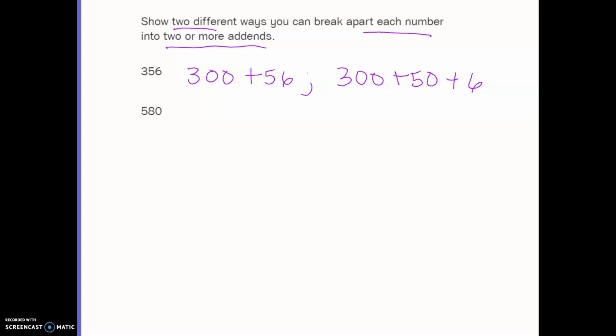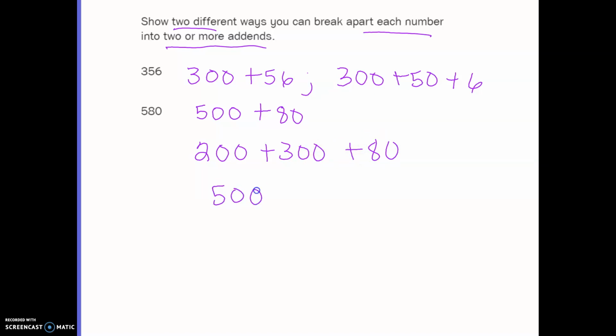How would you do 580? Maybe 500 plus 80. Or 200 plus 300 plus 80. Or maybe 500 plus 40 plus 40. There are many different ways that you could break apart both of these 3-digit numbers into two or more add-ins.